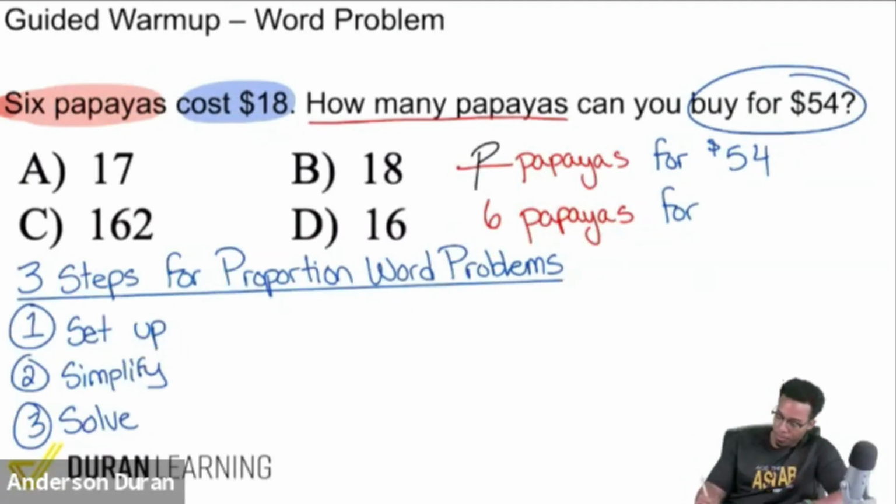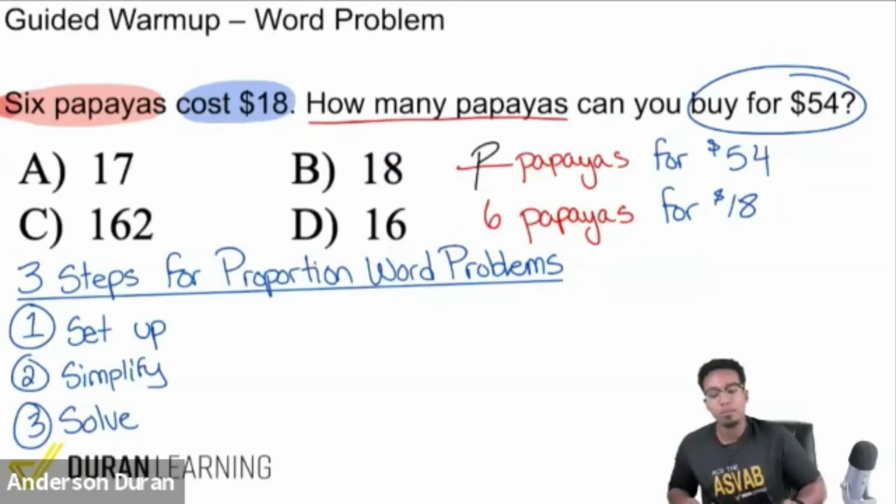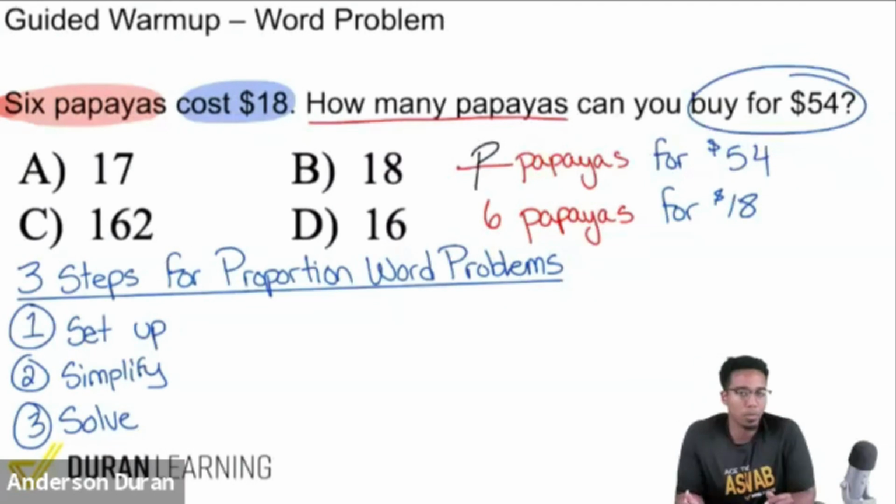That's right. For $18. So before I even begin, let me just take a quick survey. Everybody answer this question for me, yes or no, in the chat box. Please only answer once. Are you able to see how with these 2 statements I made, we are comparing the same things in the same way? Papayas and their cost, papayas and their cost. Do we see how we're comparing the same things in the same way?